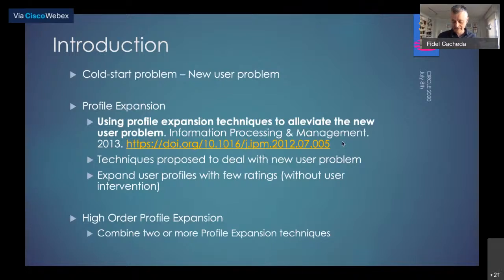This is the basic idea, and it is inspired by query expansion from information retrieval. What we propose here with HOPE, high-order profile expansion, is to combine 2 or more of these profile expansion techniques. And in a minute, we will see how we can combine these techniques.